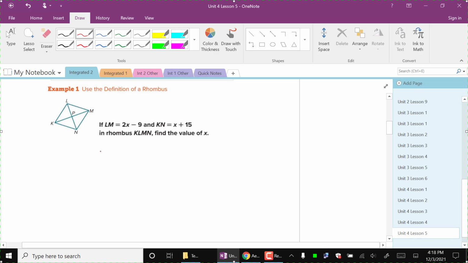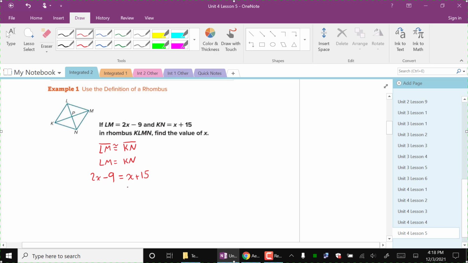So by the definition of a rhombus, LM is going to be congruent to KN, meaning LM will equal KN. So I could take these 2 expressions and set them equal to each other. This is going to give me 2x minus 9 equals x plus 15.